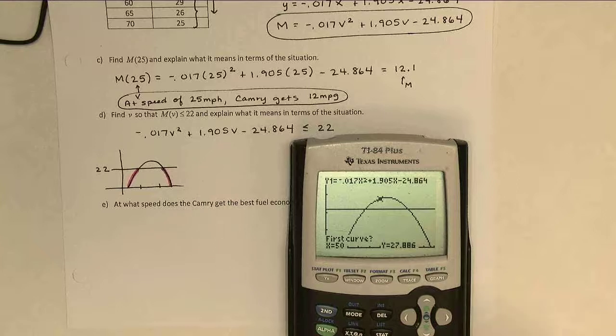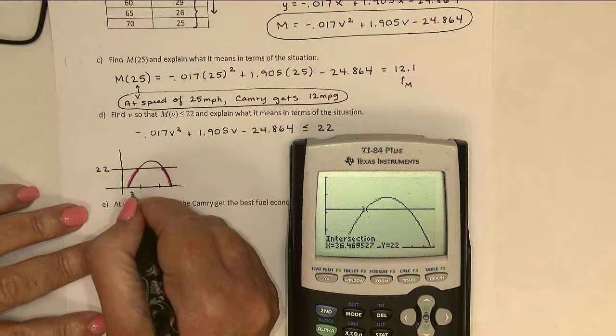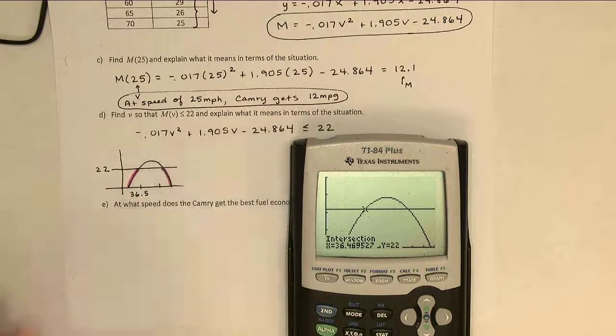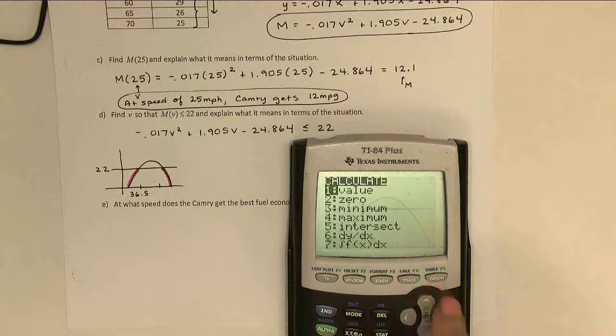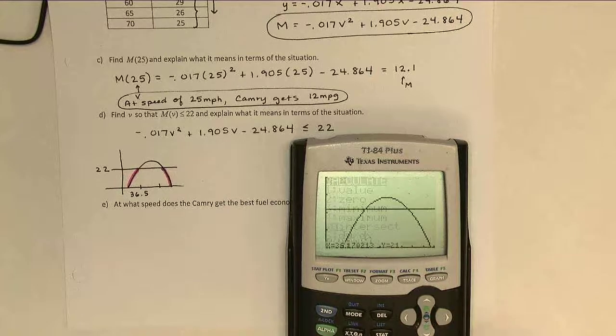Intersect. Get that smaller one first. It's about 36.5. And we'll do intersect again. And this time we'll move over and get the larger one.